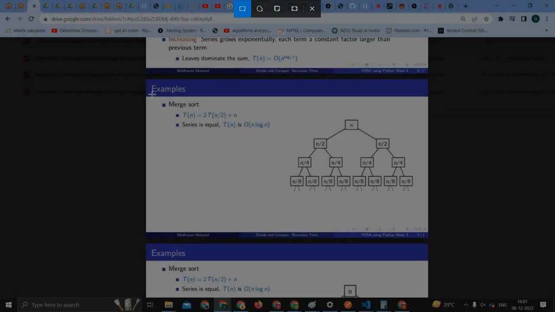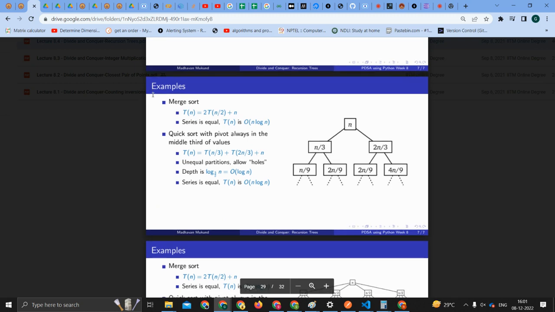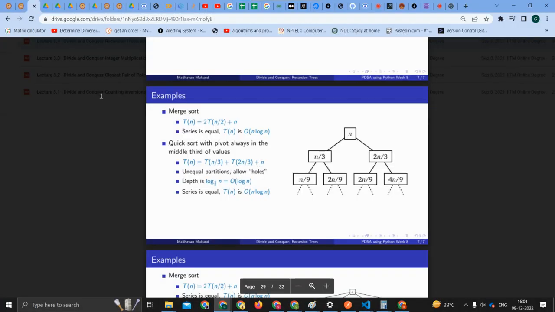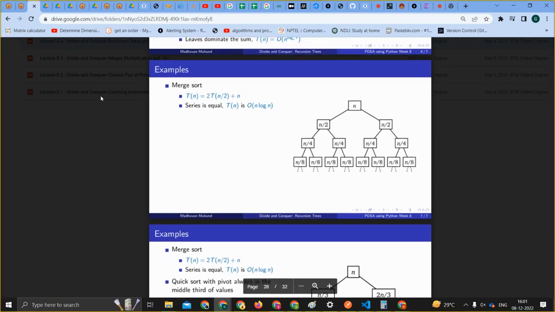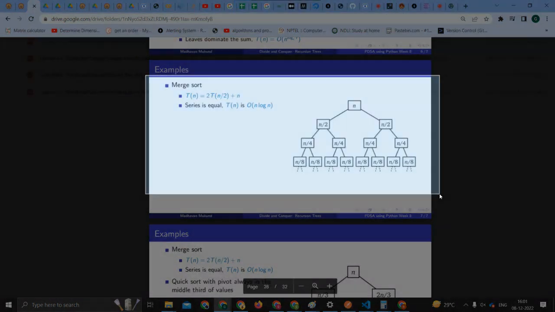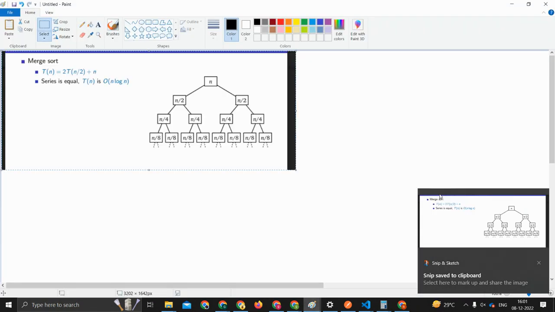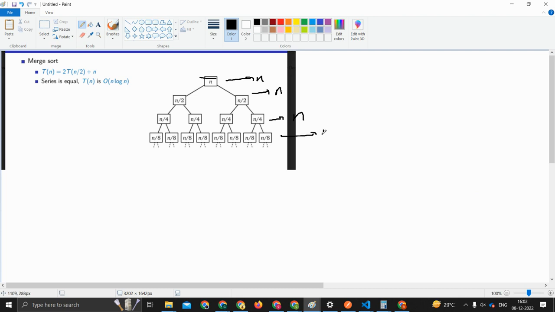What does n by 2 plus n by 2 sum up to? n, exactly. So n by 4 plus n by 4 plus n by 4 plus n by 4, that is n by 4 into 4, again n. See, this level it is n, this level also the sum is equal to n, this level also, this level also.